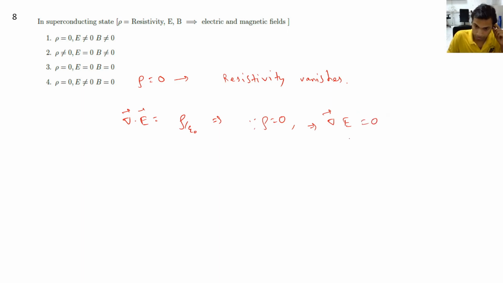From the Meissner effect, we can say that the Meissner effect doesn't allow any magnetic field to pass through it. So the Meissner effect tells us that V has to be 0 in a superconductor.